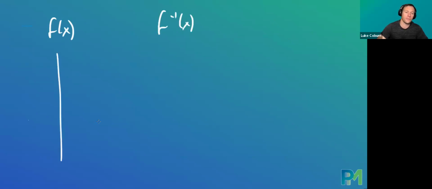Now, let me draw a function which has a bubble. So this is a function that is not injective. Let me draw it without the x's. This is a function that's not injective.